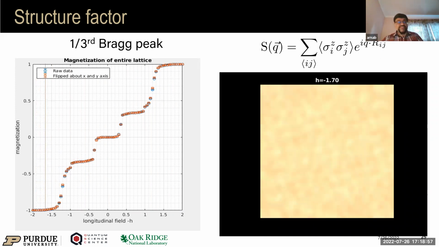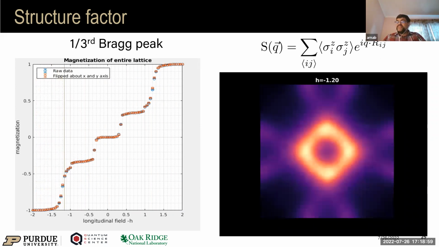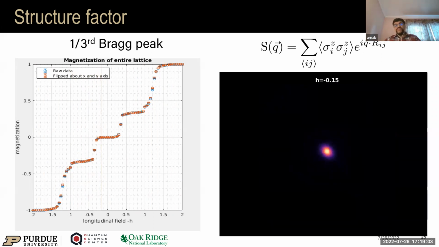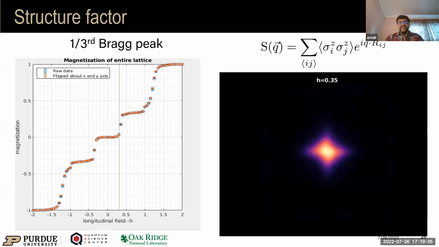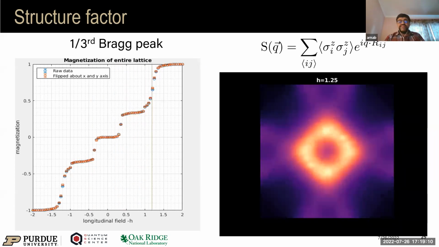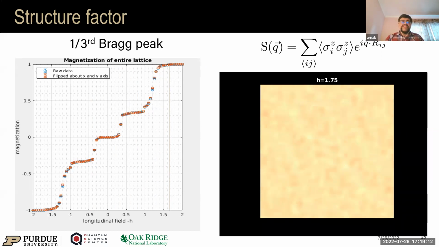So we could see all the phases which were indeed predicted in the Dublenych PRL paper from 2012, using a completely different Monte Carlo technique. So that was actually very heartening for us, that we can actually see the right things.